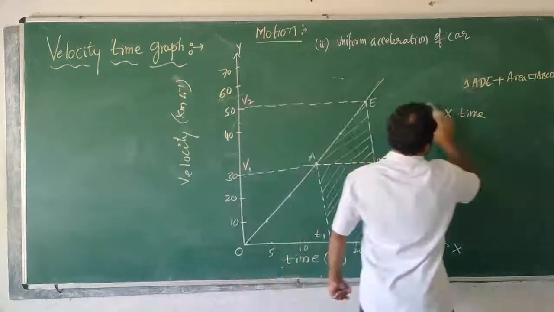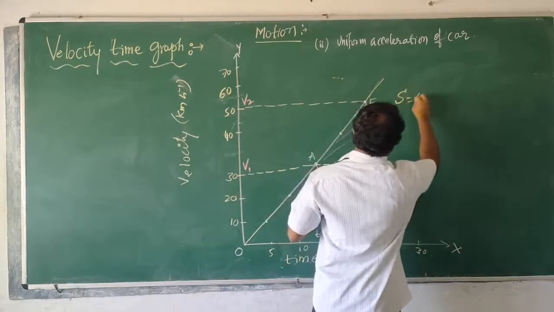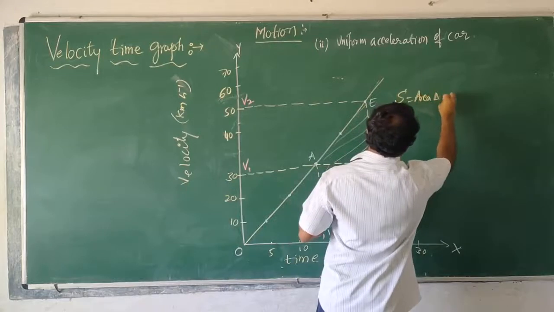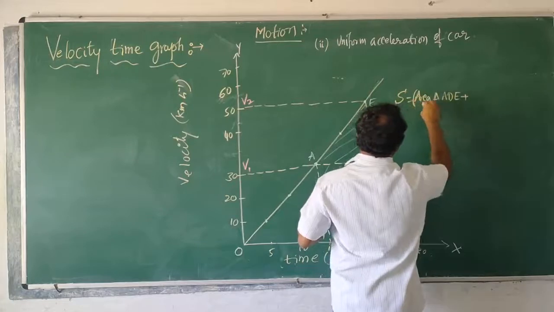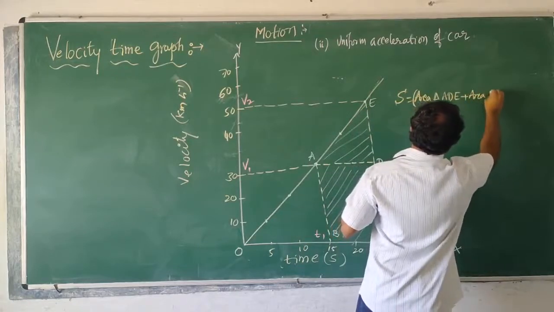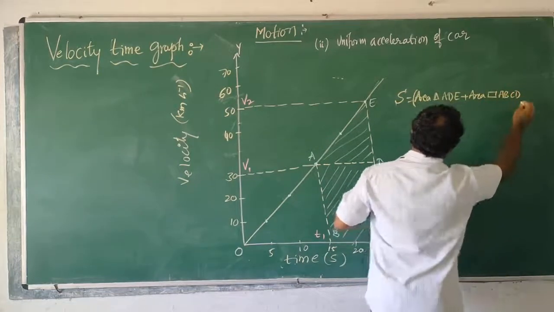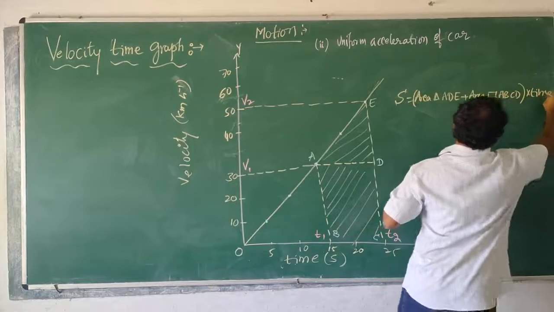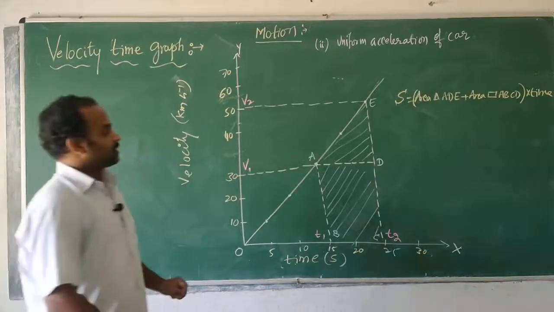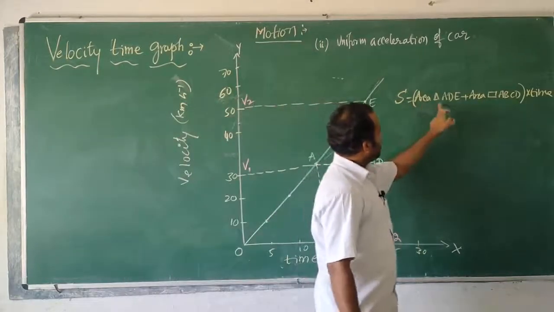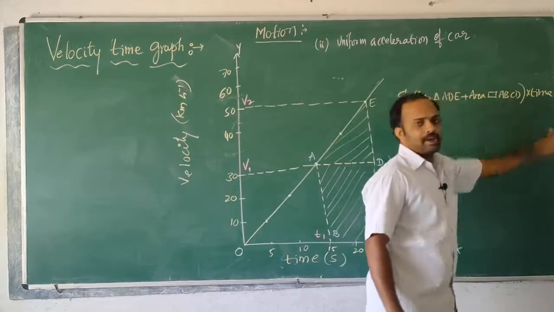Just see, S is equal to area of triangle ADE plus area of rectangle ABCD into time, which gives you the total distance covered by the object.